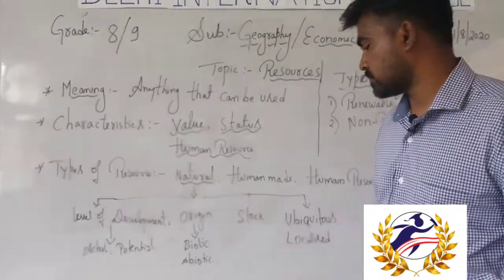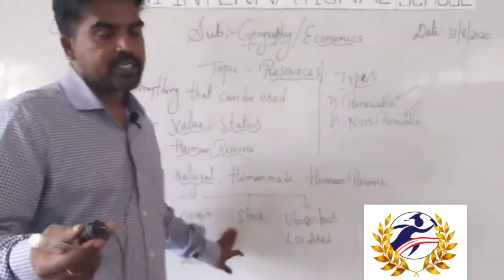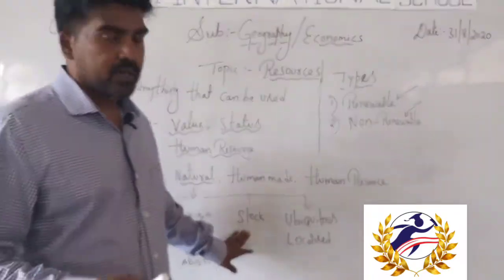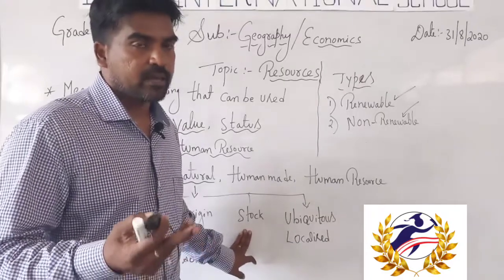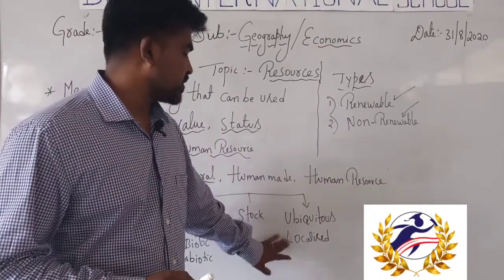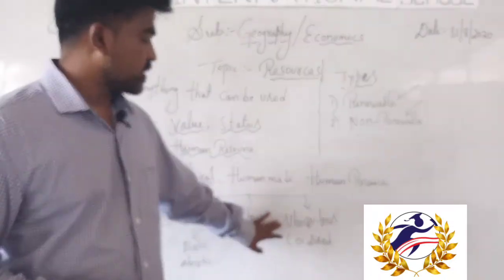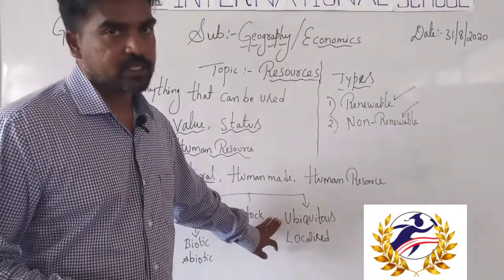Next, stock. As I told you before, it means the quantity and quality, as we know. And the next, ubiquitous and localized. What is the meaning of ubiquitous?